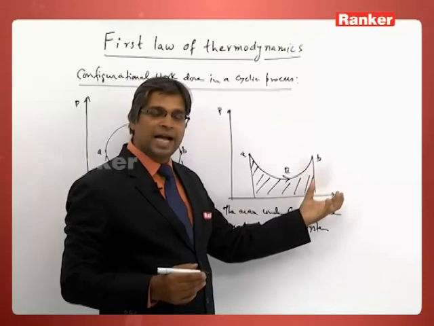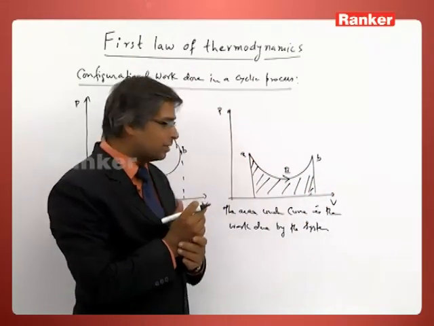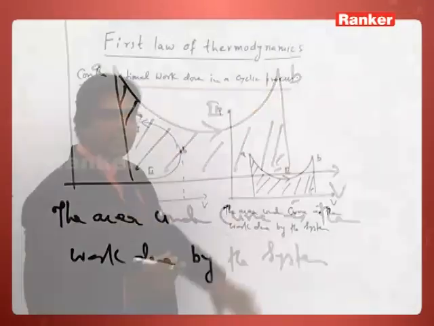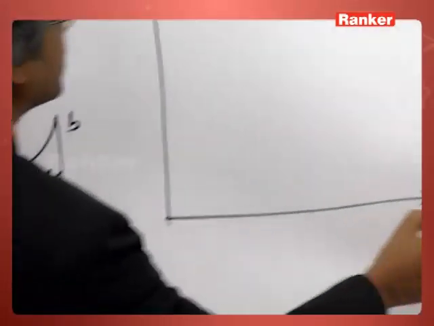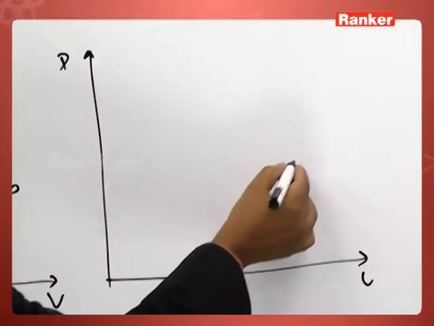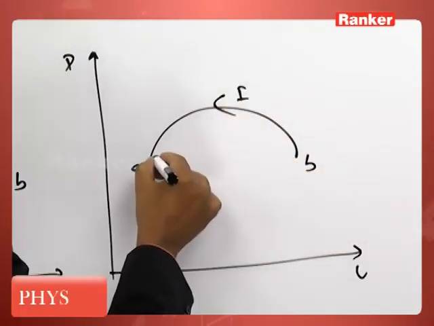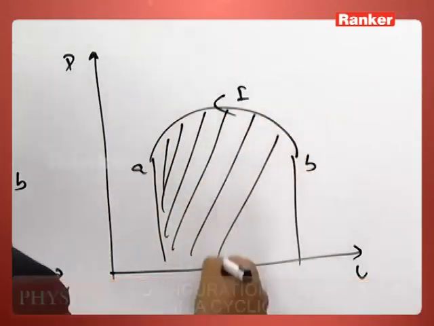The system expands and pushes against its surroundings. As a result, it does positive work. The work is the area under the curve. Now, again this is PV. While coming from B to A, it has to follow path 1, and you see the area under the curve is this much.